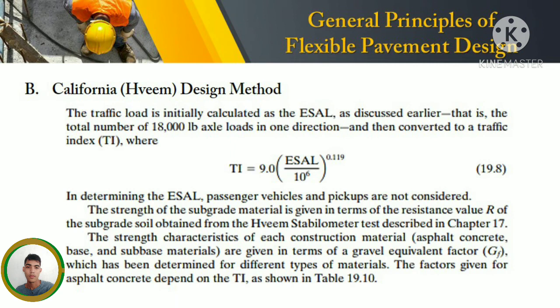Another general principle of flexible pavement design is the Californian H-beam design method. For the Californian design method, the traffic load is initially calculated as the ESAL, as discussed earlier, that is the total number of 18,000 pound axle loads in one direction, and then converted to a traffic index TI, where TI is equal to 9.0 times ESAL over 10 raised to 6, raised to 0.0119.